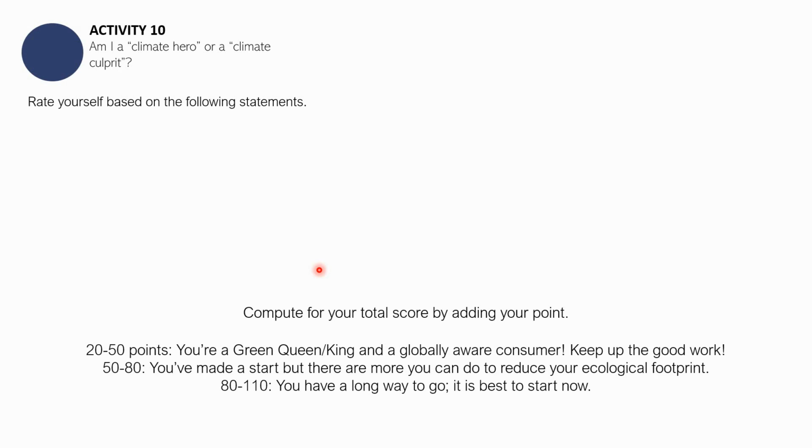Ayun, so in our little ways, whenever we consume commodities, let us keep this in mind. Whenever we consume commodities, there will always be this energy requirement that was used up to produce that kind of thing.